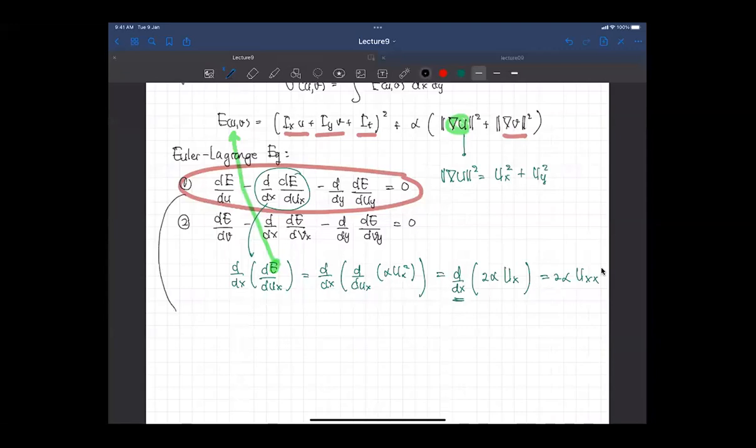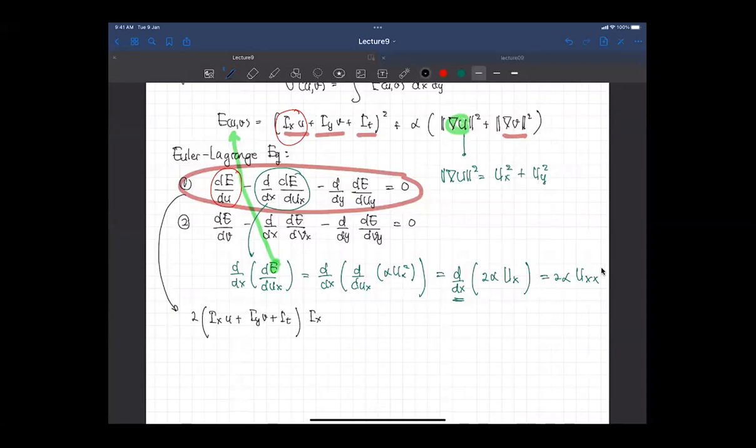So let's look at the whole equation here. dE/du, the first term, equals what? Where is u? u is only in the first term, right? The rest doesn't have u. So you will have 2 multiplied by (Ix u plus Iy v plus It) multiplied by Ix.